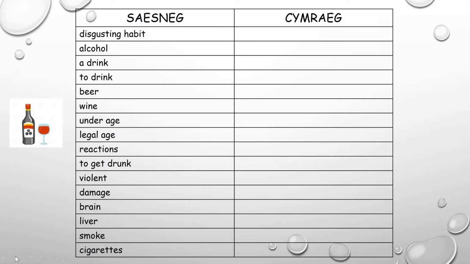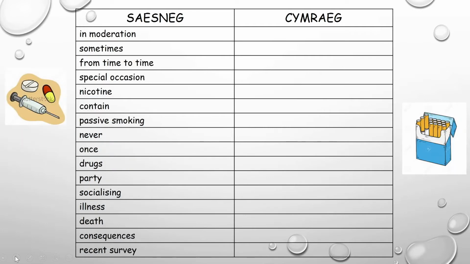Remember the rule in Welsh when describing. The noun or verb comes first, followed by the adjective. So let's take a look at an example here, and we will pick passive smoking.